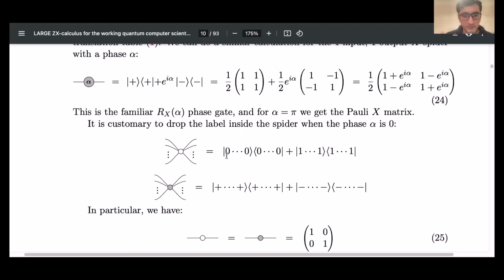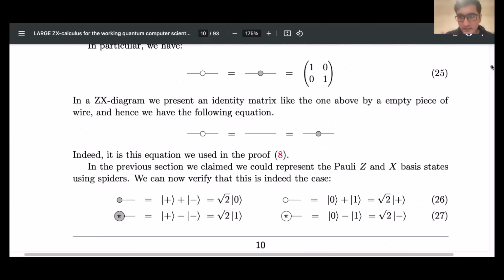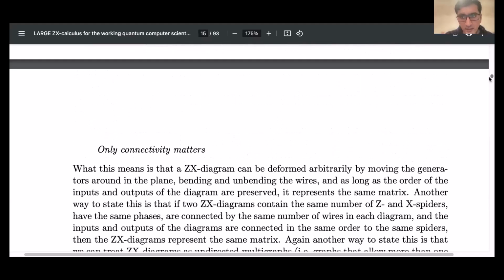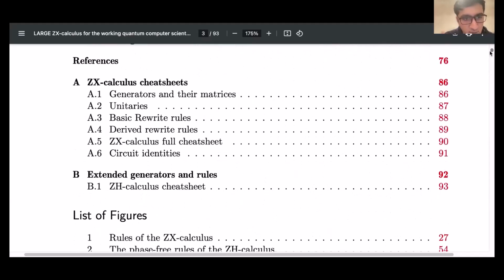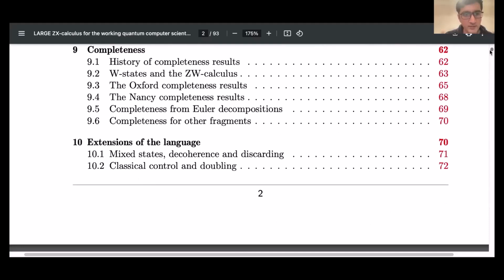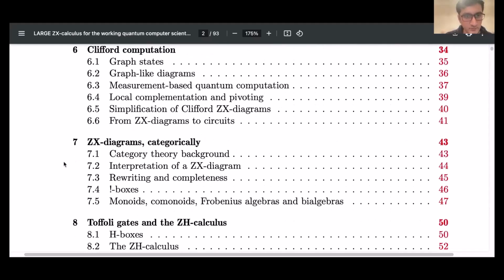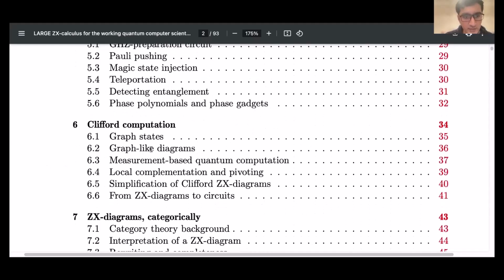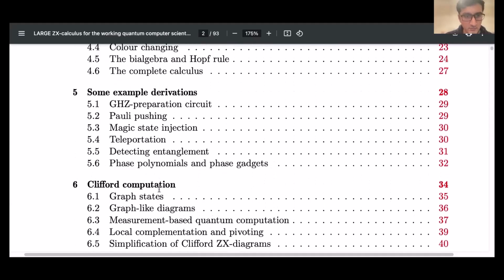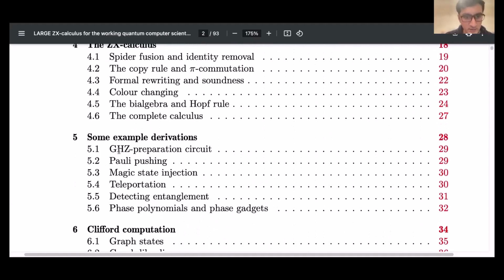Again, there's a lot more in this paper, and I'll just give you a quick glimpse of the table of contents. If you see this paper, you can see some examples of measurement-based quantum computing and some other quantum computing protocols.